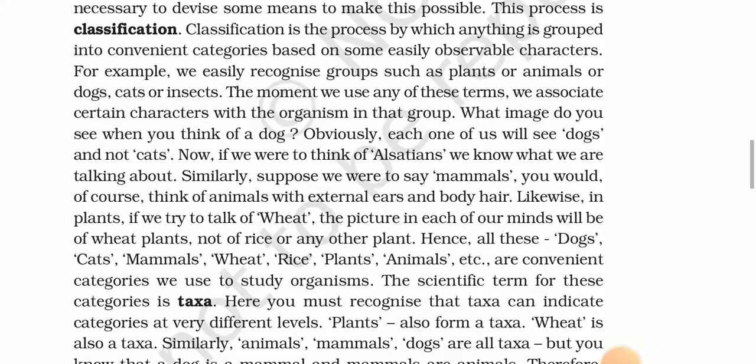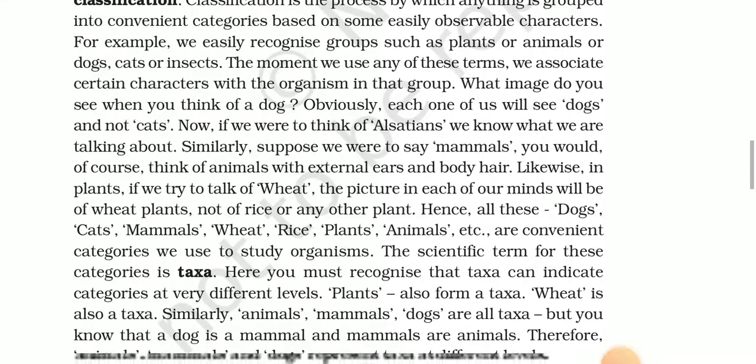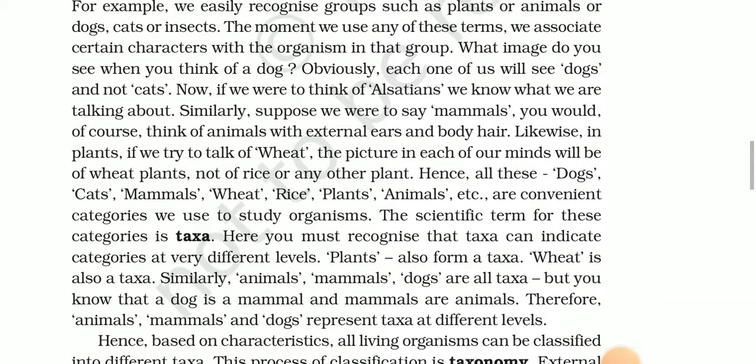Here you must recognize that taxa can indicate categories at very different levels. Plants also form a taxa, wheat is also a taxa. Similarly, animals, mammals, dogs are all taxa, but you know that a dog is a mammal and mammals are animals. Therefore, animals, mammals, and dogs represent taxa at different levels.